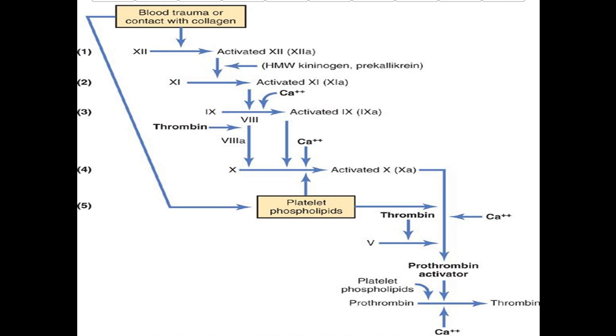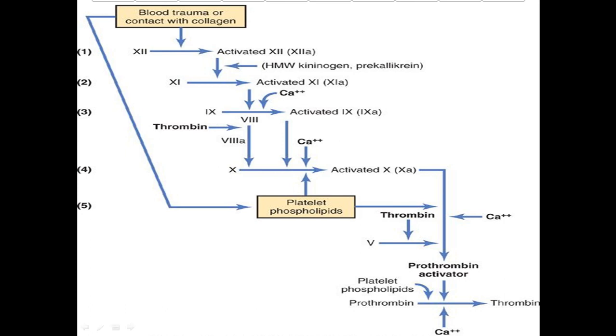Factor VIII is activated into factor VIIIa, and the activated factor IX and VIIIa and calcium mediate the activation of factor X. And as you know, this factor X with the platelets and phospholipids and calcium, and in the presence of factor V, activates prothrombin activator.